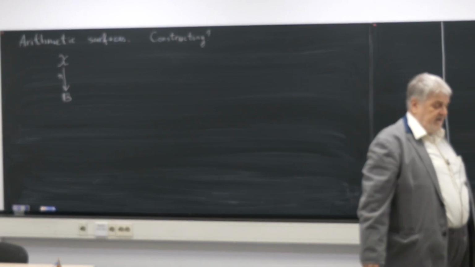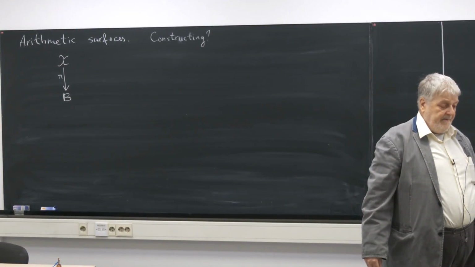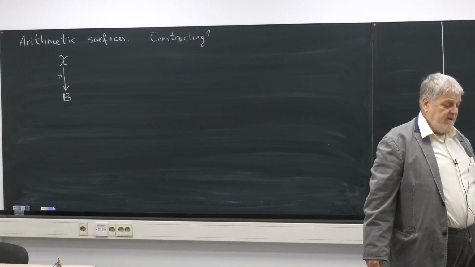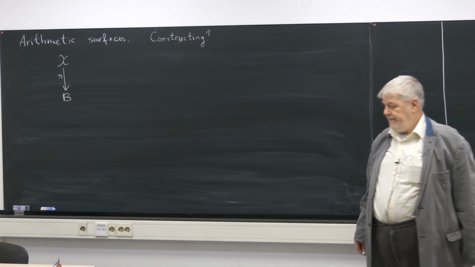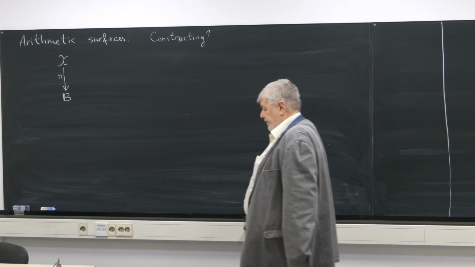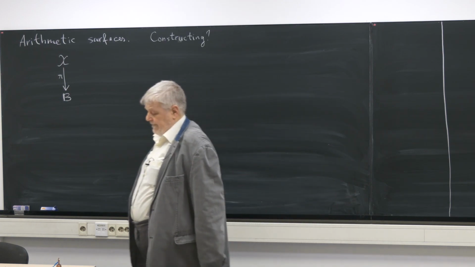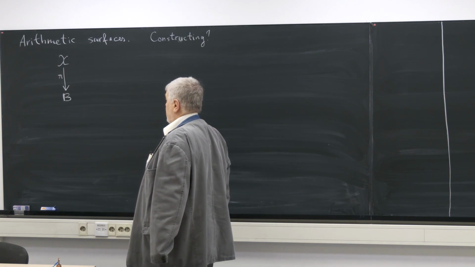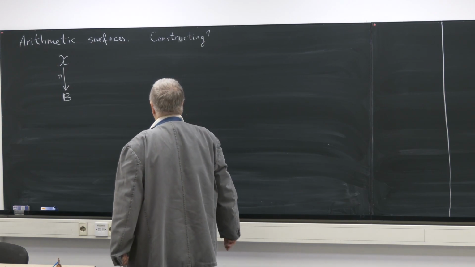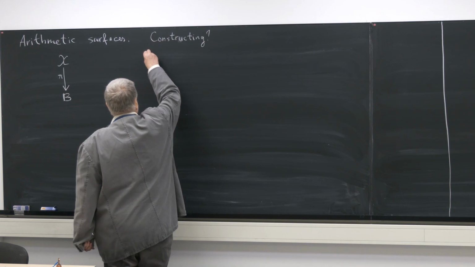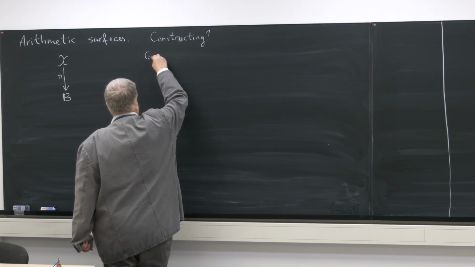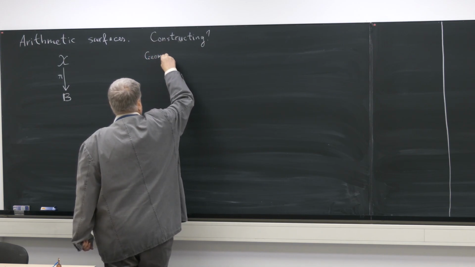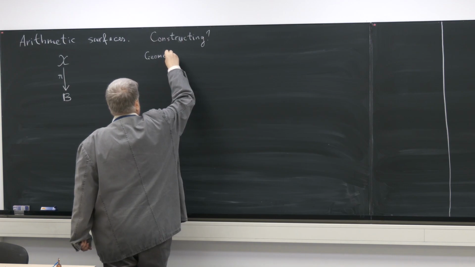The definition has been given, so it is natural to try to think about all of them, all the arithmetic surfaces. Now, the geometric version turns out to be easier. I'll explain why.